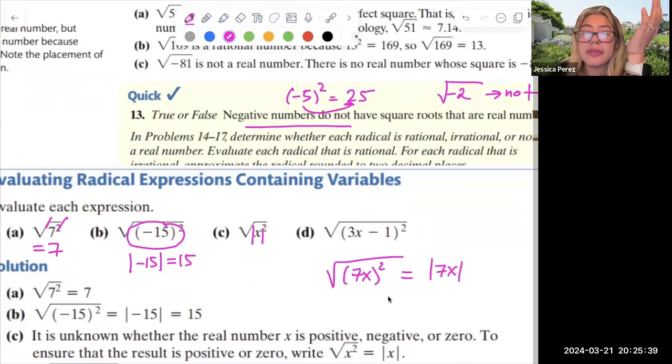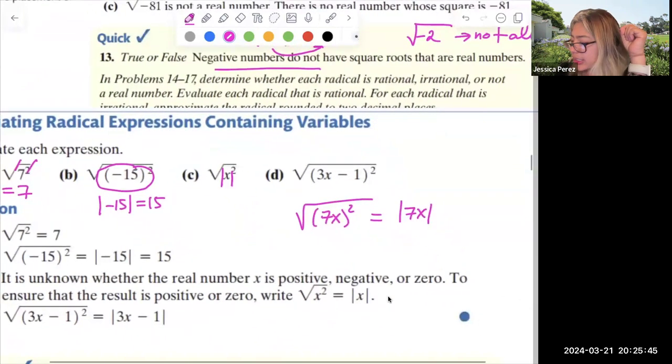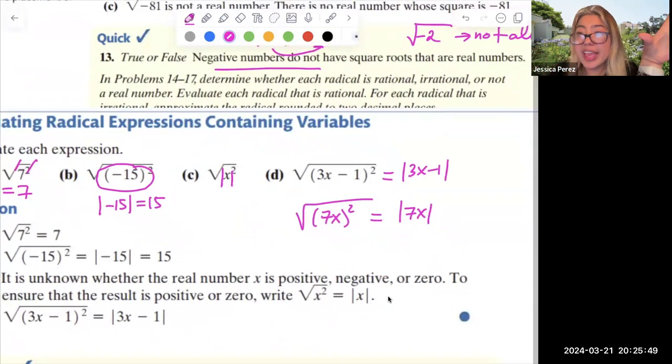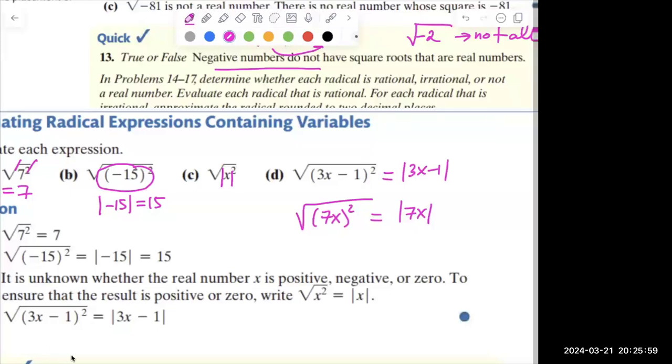X can be negative, but that's why we're using that absolute value. Any questions on this one? So then D was the absolute value of 3x minus 1. So then we prevent not having something real, right? Because once we have a negative inside my parentheses, I'm no longer real. Questions on this one?